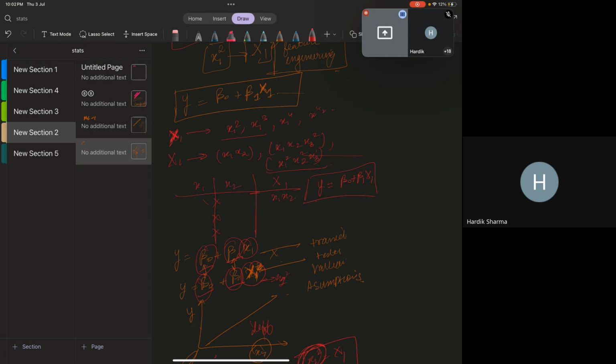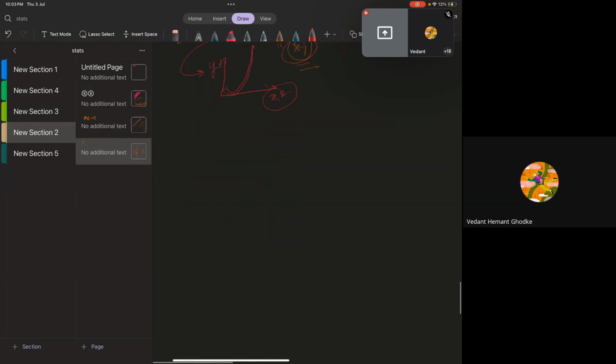Because in real life, understanding which degree of polynomial the linear regression will follow, whether it will follow x1 square, whether it will follow x1 to the power 4, whether it will follow x1 root, or whether it will follow x1 and x2, is again an art. You need to hit and try to find out. There is no straightforward way. Clear, everyone?